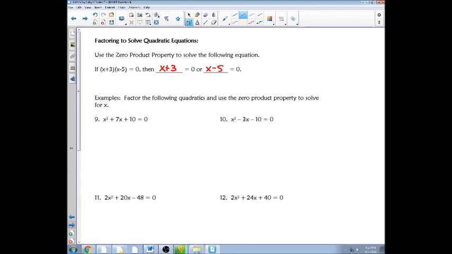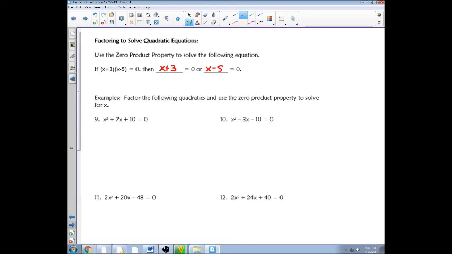The reason I can do that is if either of those answers for x plus 3 or x minus 5 happen to equal 0, then the entire problem would equal 0, because anytime I multiply by 0, it does in fact equal 0. All right?